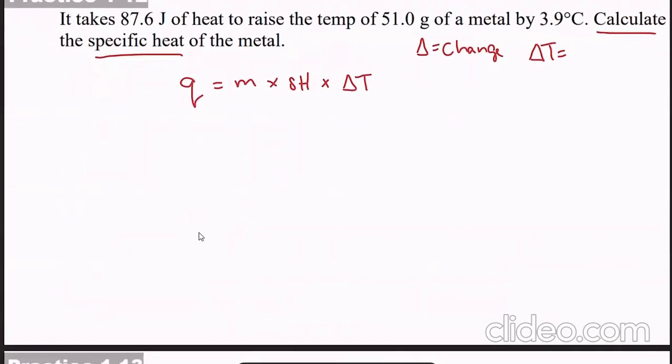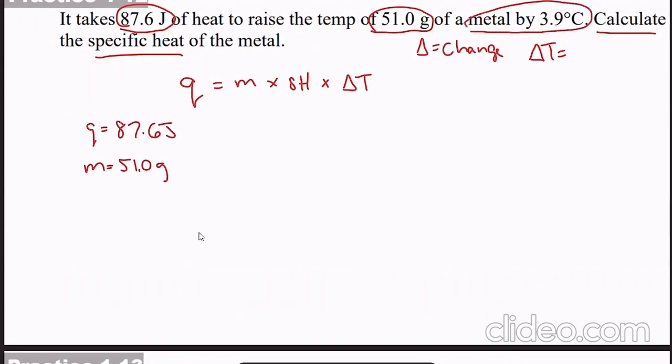All right, so here we have some information. Do we know what Q is? Yep, we sure do. Q is in joules, one of my units for Q. So Q is equal to 87.6 joules to raise the temperature of 51.0 grams, which is my mass, and change the temperature by 3.9 degrees Celsius.